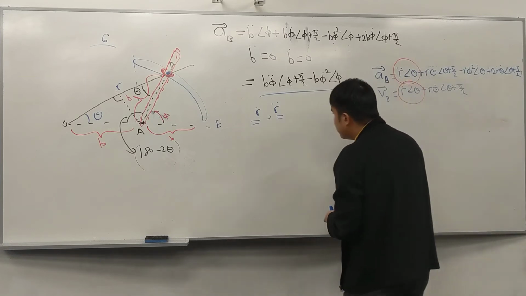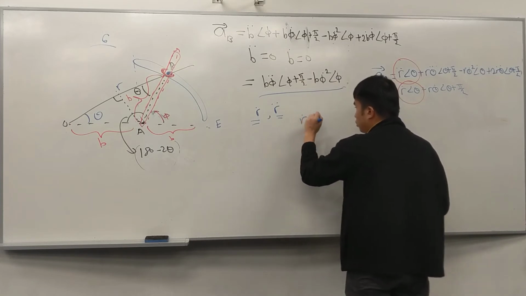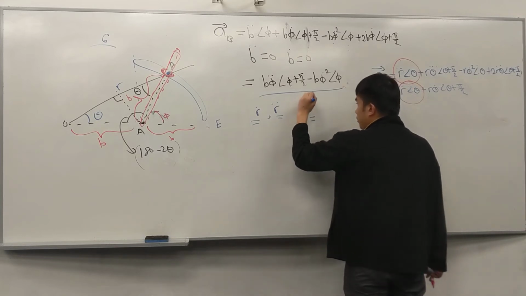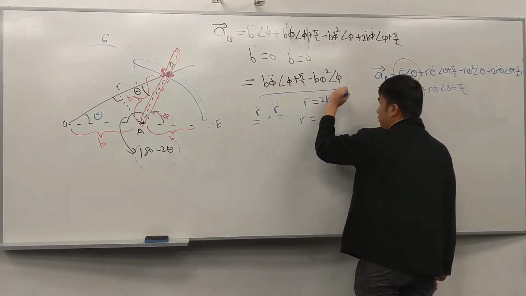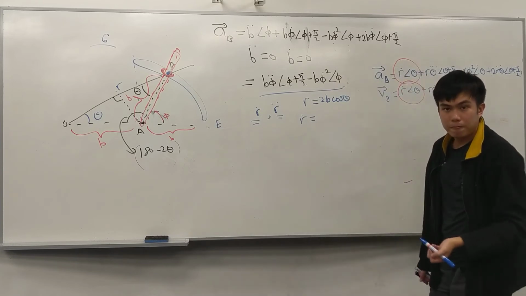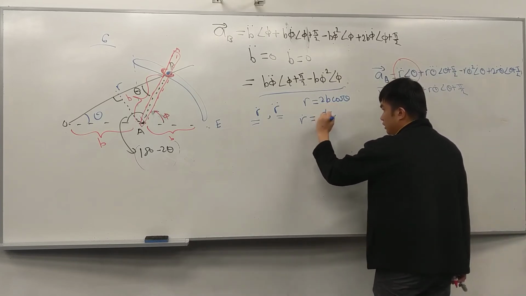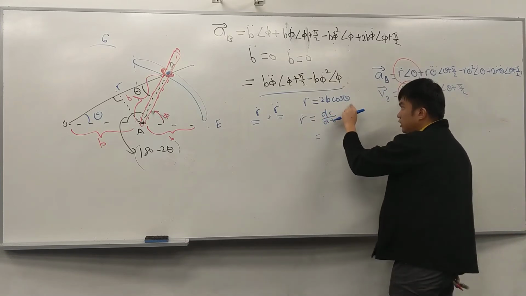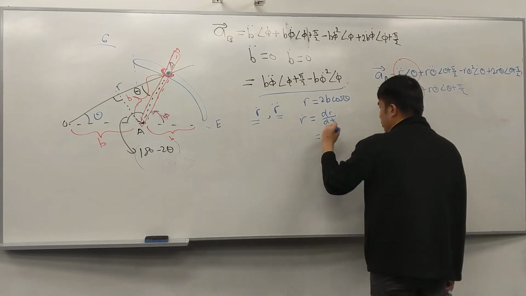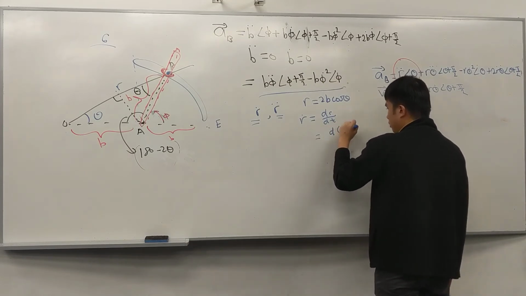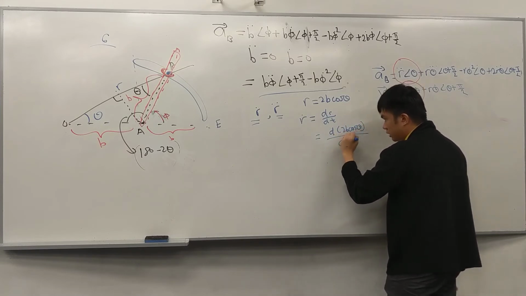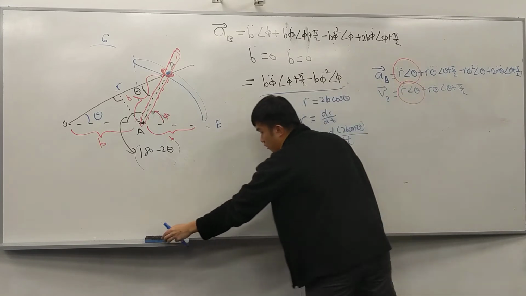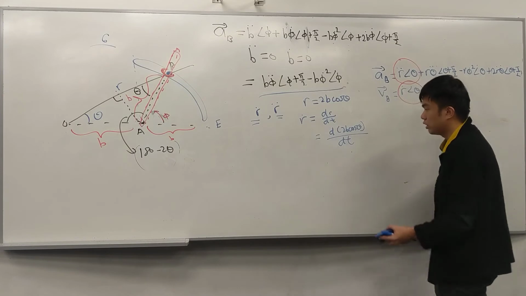Now, relative velocity, R dot. How do we find that? First of all, we can represent R in terms of theta. As I said before, R is equal to 2b cos theta. What is R dot? R dot is equal to dR over dt. If you differentiate the whole thing with respect to t, take note, this is not t, this is theta. We cannot differentiate theta with respect to time directly because we don't have the equation.